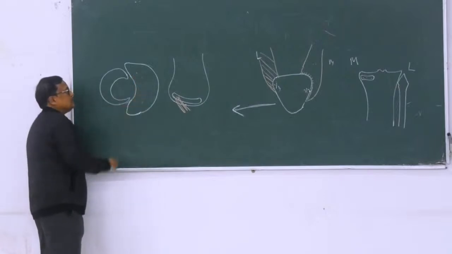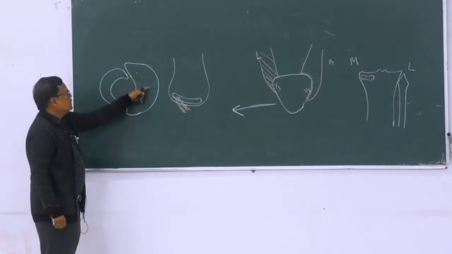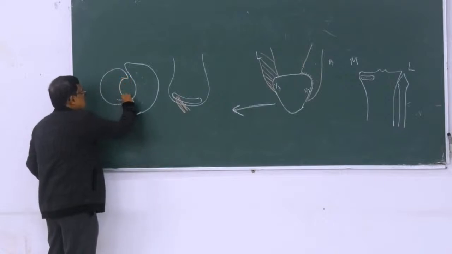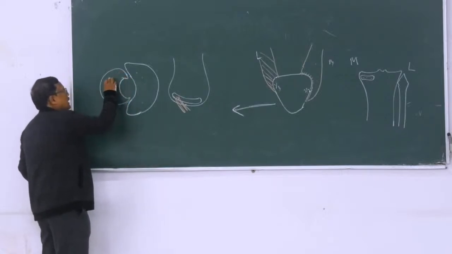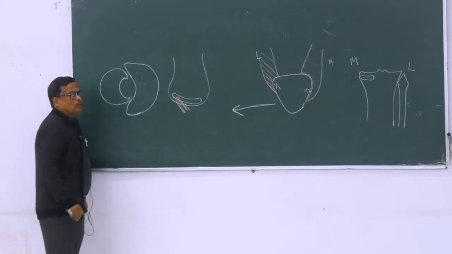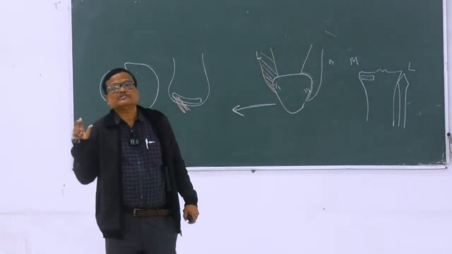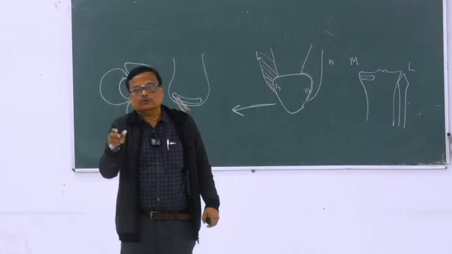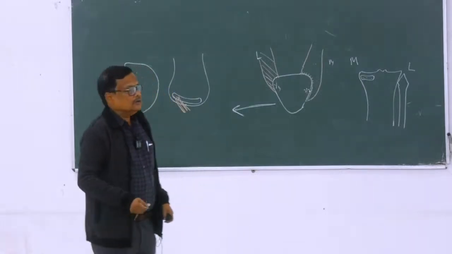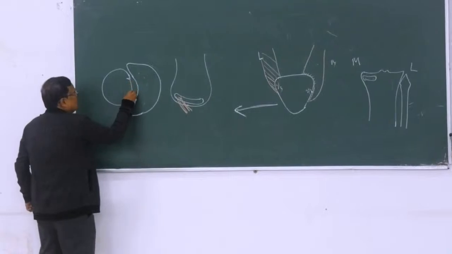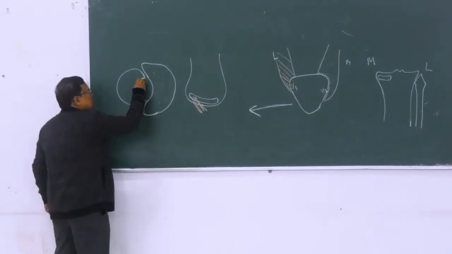Medial meniscus is larger, semilunar in shape, and lateral meniscus is smaller, and more or less it forms 3/4 of a circle. It would have been a full circle, but a little is left. If it were like this, it would become circular, but it is not, it looks like that.